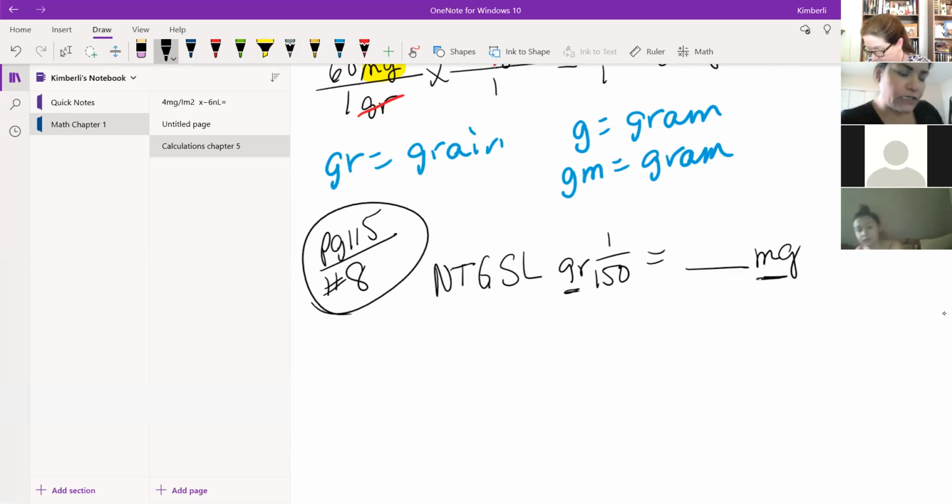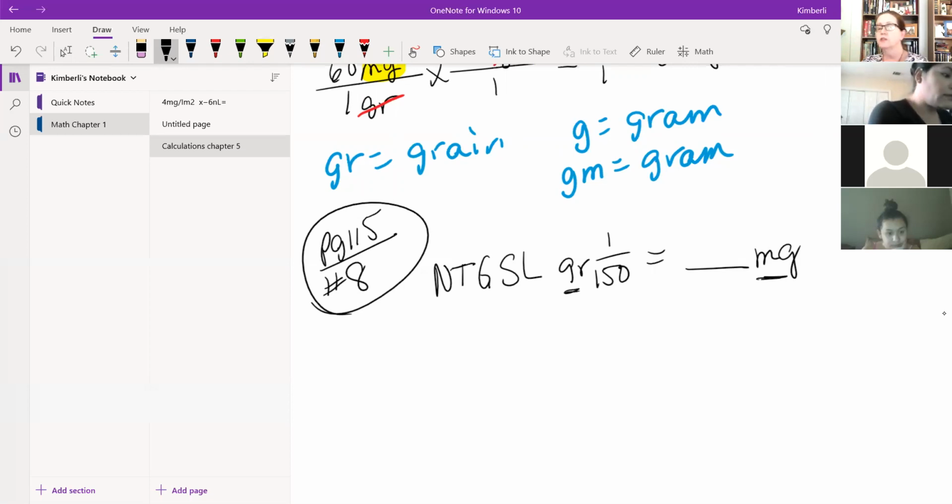Does anybody know? 60 per 1 grain, 60 milligrams per 1 grain. Yes. So NTG is nitroglycerin, and that's the drug. SL is sublingual, so it's a little tablet that goes under the tongue, or it could be a spray. They have a spray also. And nitroglycerin is in dynamite, right? And did we talk about this last week, how they discovered it, that it was good for the heart? So yes. It opens up the blood vessels, right?